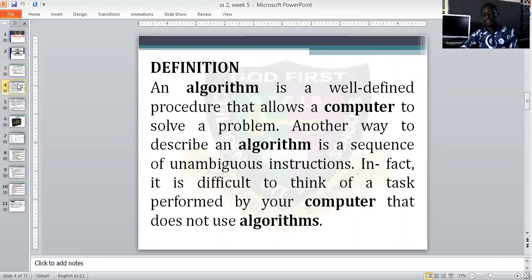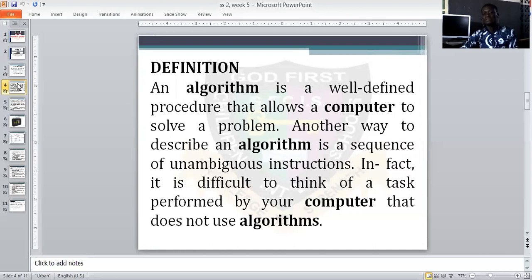Now, let's start with algorithm. We said an algorithm is a well-defined procedure that allows a computer to solve a problem.